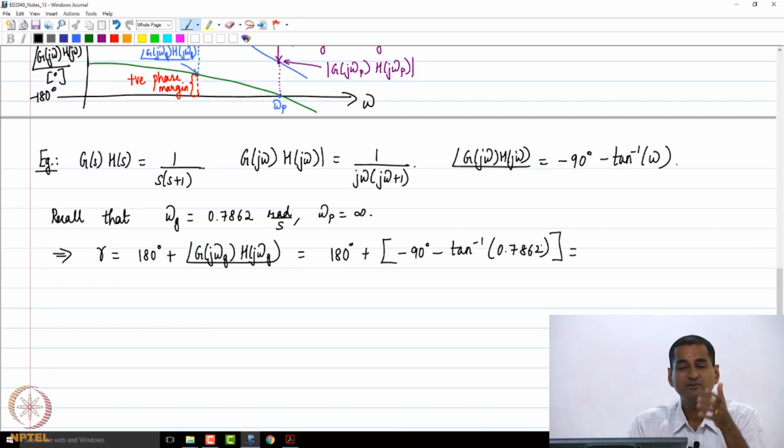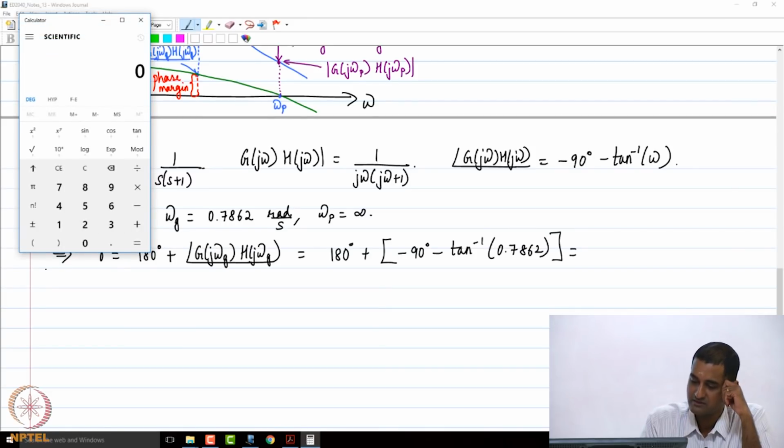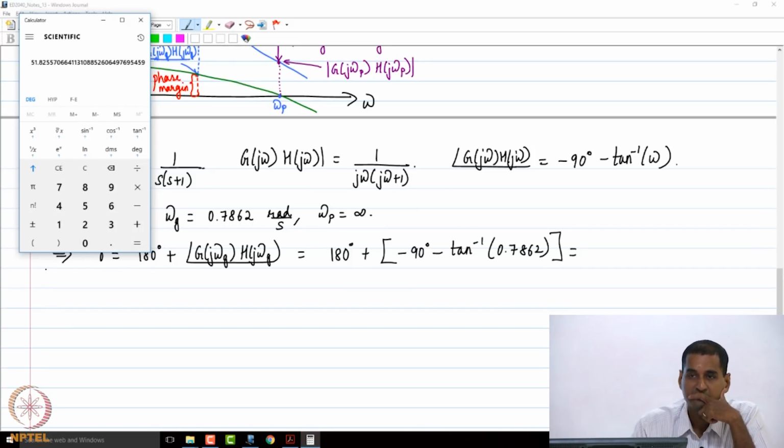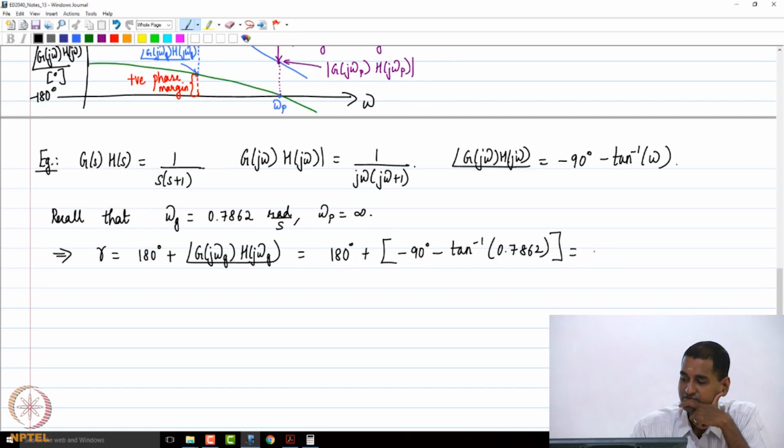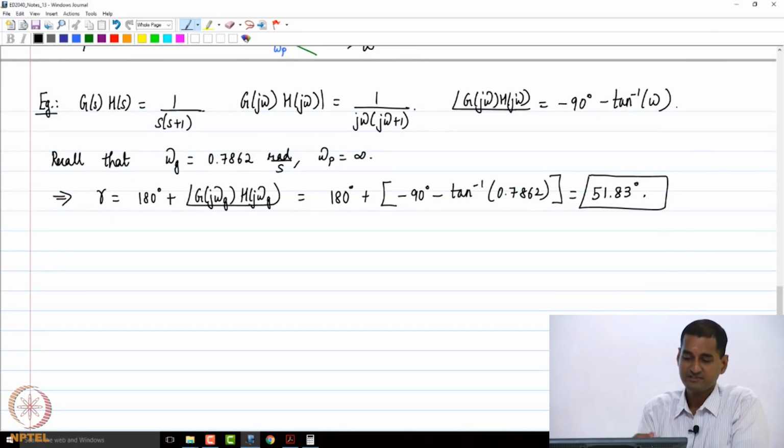Can you calculate and tell me what you get? You will get around 51.83 degrees. So that is the phase margin for this particular transfer function.